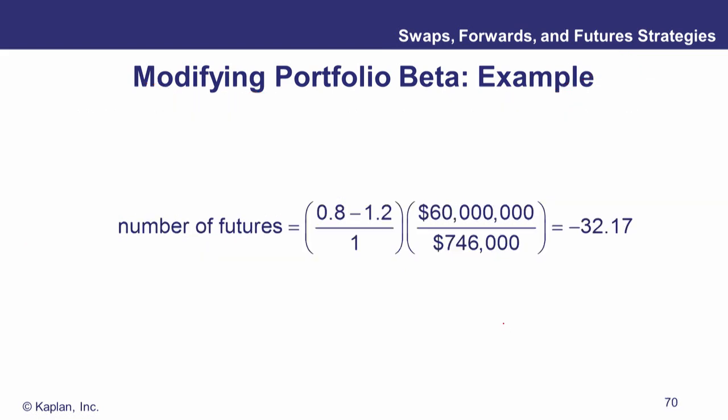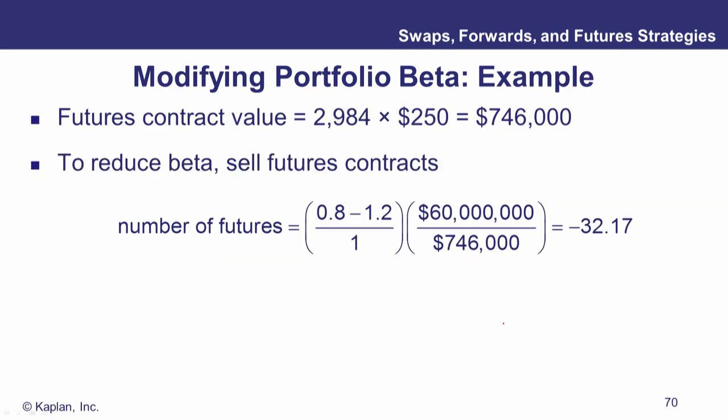Okay, what have we got here? There's our formula. We're going to look at the difference in beta, so beta target minus beta P relative to the beta of the futures contract. That's the first part of the formula. It essentially turns out to be 0.8 minus 1.2 divided by 1. We're going to need to put on the bottom here futures price, which is 2984 times multiplier.